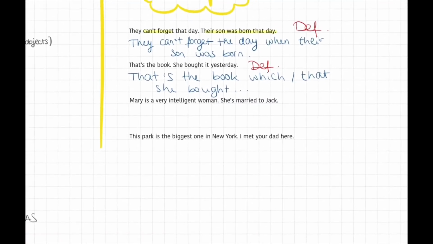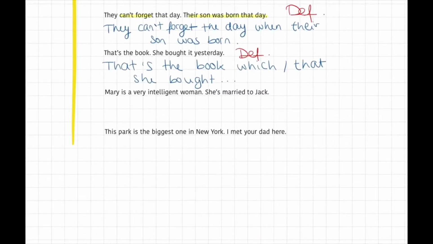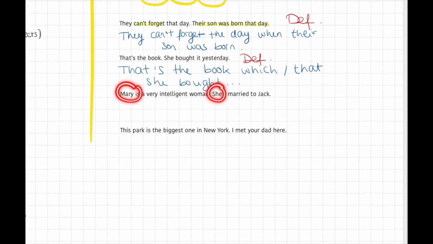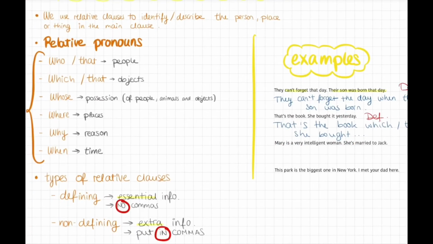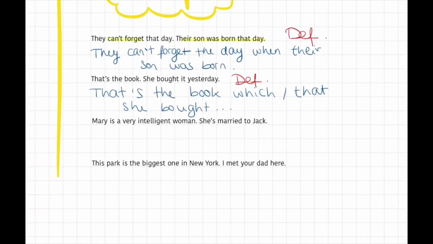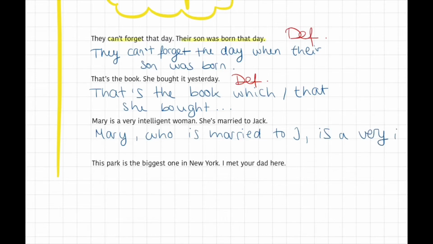Okay, next one would be Mary is a very intelligent woman. She's married to Jack. We're talking about a person, Mary, so we need to use for people who or that. The sentence would be Mary, who is married to Jack, is a very intelligent woman.